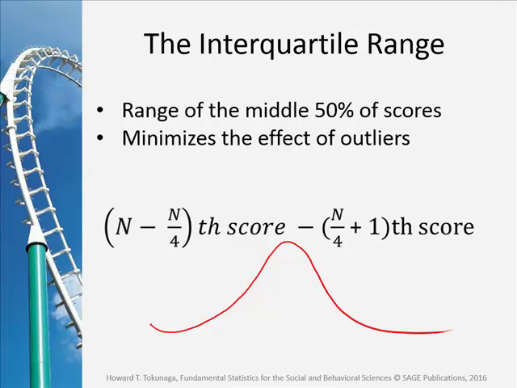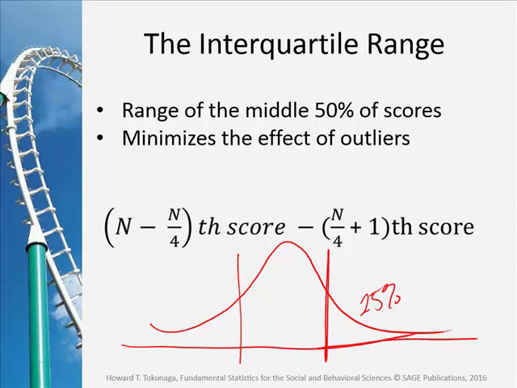So what am I going to do? I'm going to find the two points of my curve: what two scores give me 25% on the top end, 25% on the bottom end, and my interquartile range is the 50% in the middle.